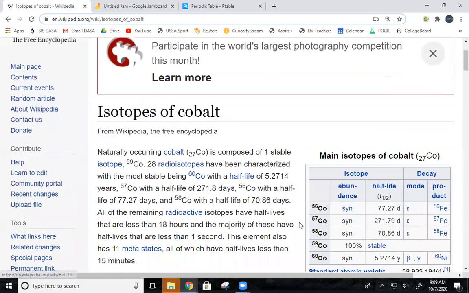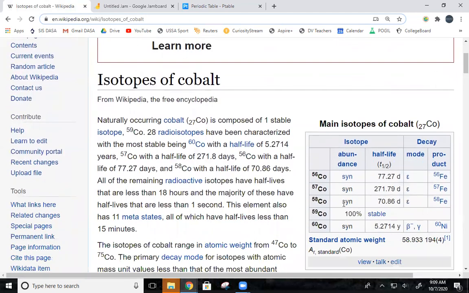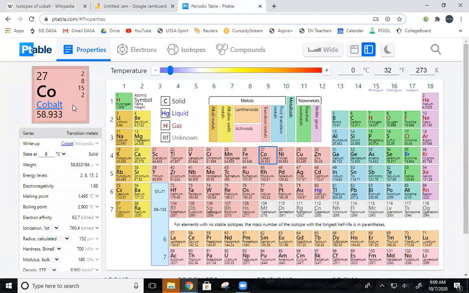Oh wow, that's crazy. 100%. I guess cobalt is not a good example. What is the average mass of cobalt? 58.933.